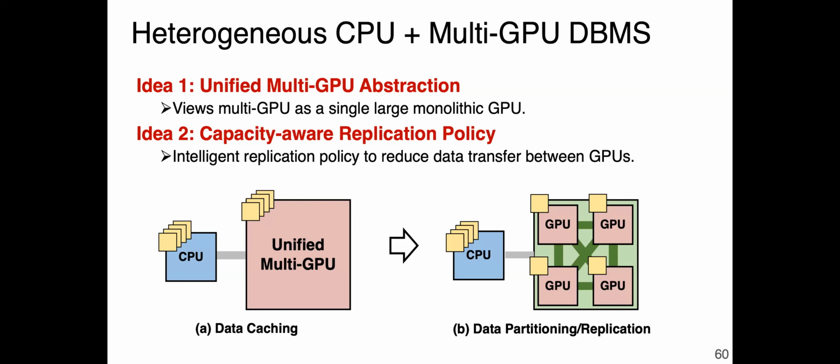Well, the thing is, you don't need to be 100% accurate in your estimation. Your estimation just needs to be accurate enough so that it reflects the runtime difference. That's why treating it as a unified GPU helps.